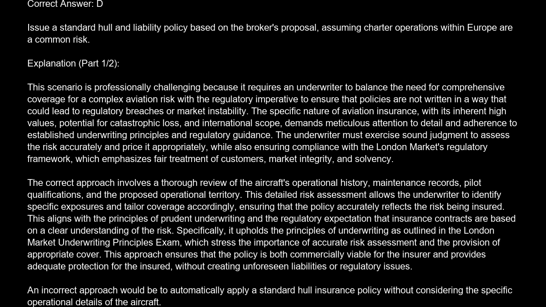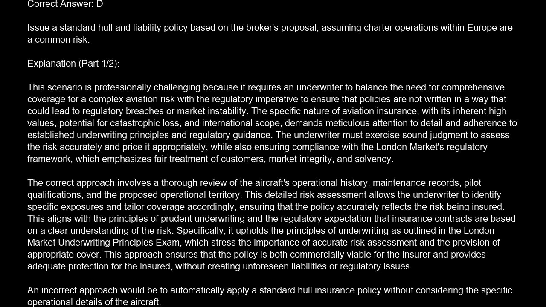This detailed risk assessment allows the underwriter to identify specific exposures and tailor coverage accordingly, ensuring that the policy accurately reflects the risk being insured. This aligns with the principles of prudent underwriting and the regulatory expectation that insurance contracts are based on a clear understanding of the risk. Specifically, it upholds the principles of underwriting as outlined in the London Market Underwriting Principles exam, which stress the importance of accurate risk assessment and the provision of appropriate cover.